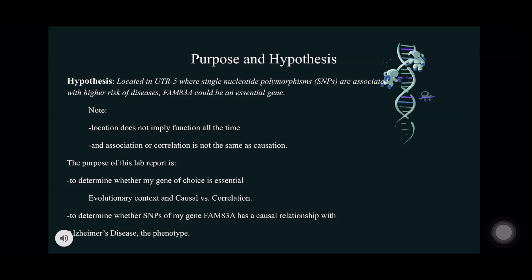My hypothesis is that my gene FAM83A is an essential gene because it is located in the UTR5, where single nucleotide polymorphisms, or SNPs, are associated with higher risks of diseases.